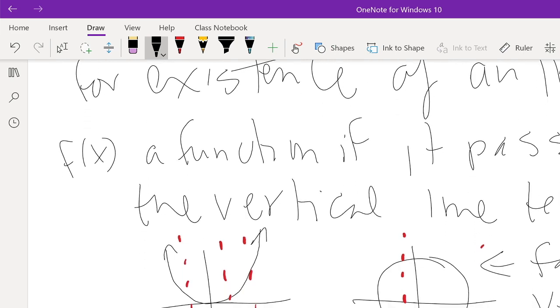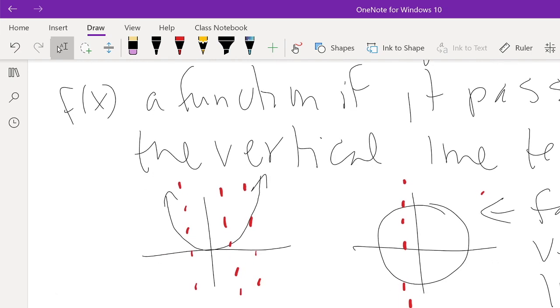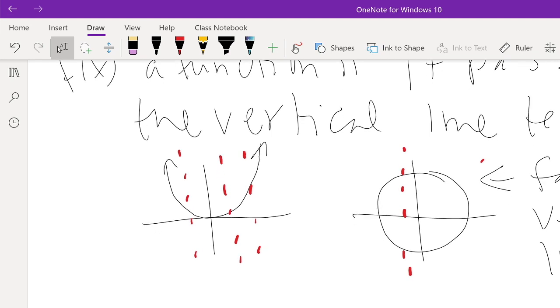So that is for f of x to meet the qualifications of being a function. Now, in order for it to be a one-to-one function, it must first be a function, so it must pass the vertical line test.